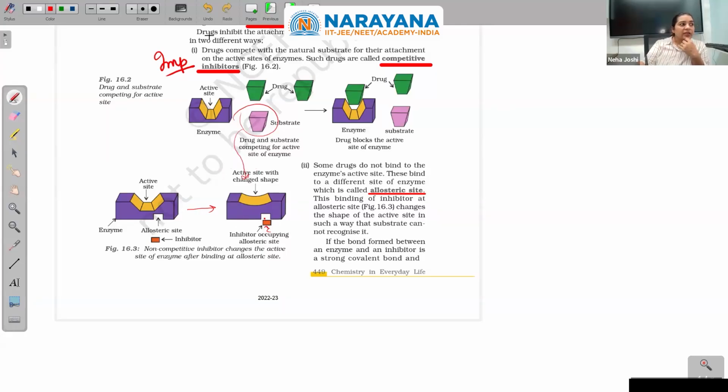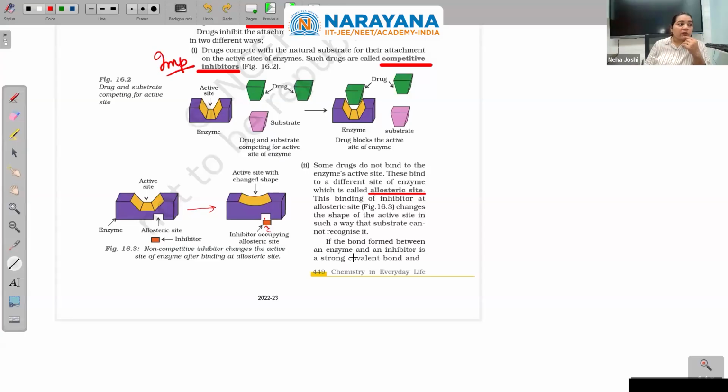So it has ultimately done a similar function, that the substrate and enzyme should not come into contact, but the method is different. So some drugs bind to a different site called the allosteric site. This binding of the inhibitor at the allosteric site changes the shape of the active site in such a way that the substrate cannot recognize it.